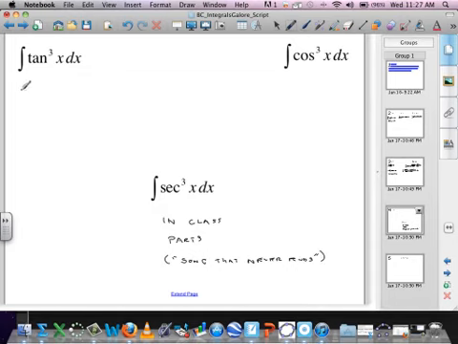Now, what are we going to do with tangent cubed? Well, let's see here. If we break this up into tan x times tan squared x, I might be able to use an identity to my advantage here. Let's replace tangent squared x with the identity, secant squared x minus 1.